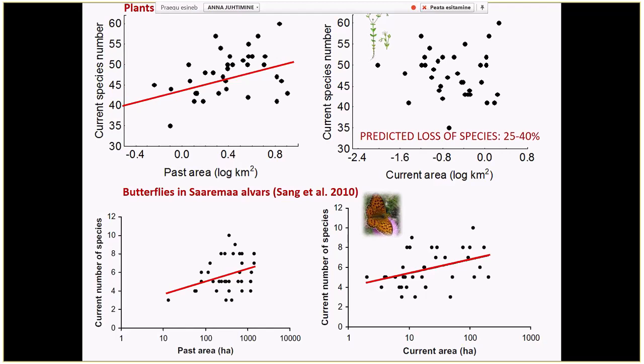So now one update to this study. This was already done in 2006, and now we have quite preliminary data on what has happened since. Before 2006, we noticed that there was this extinction debt in our grasslands, but now we already see that these grasslands that have not been restored and are still as small have actually started to lose the species that we predicted in 2006.